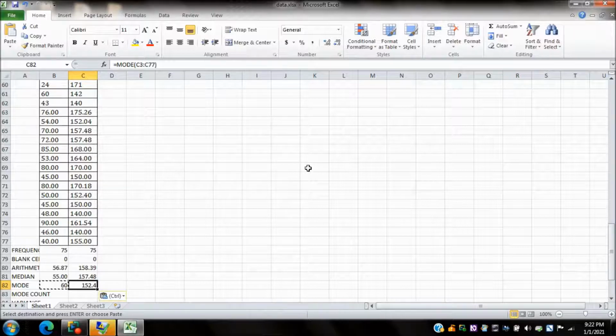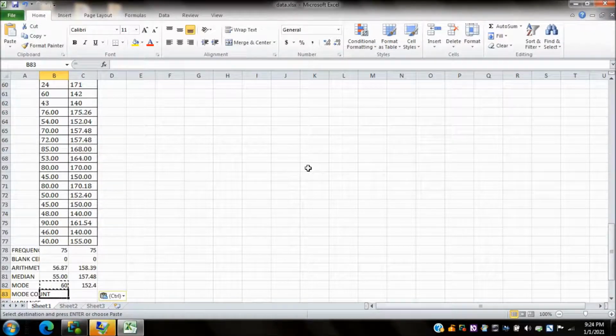That's the mode height. Mode 82, response. Mode count, A83. I'm going to find the mode count, so I'm going to go to B83, weight. Now I can find the mode count using the COUNTIF function. Input COUNTIF, again that's equals COUNTIF, the cell range, which is B3 colon B77, and I'll put a comma after the cell range.